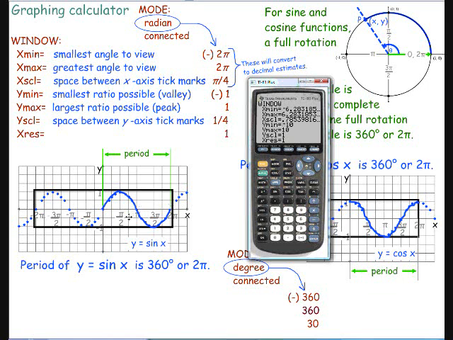Now, y minimum, that's going to be the smallest ratio possible, or the smallest ratio I expect to see. That's my value, and that's going to be negative 1. Y max, the largest ratio I am expecting to see, that's going to be my peak of 1.